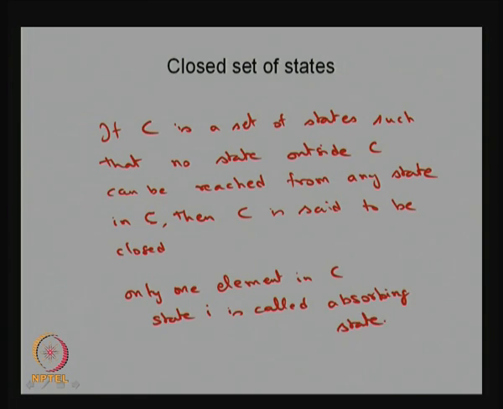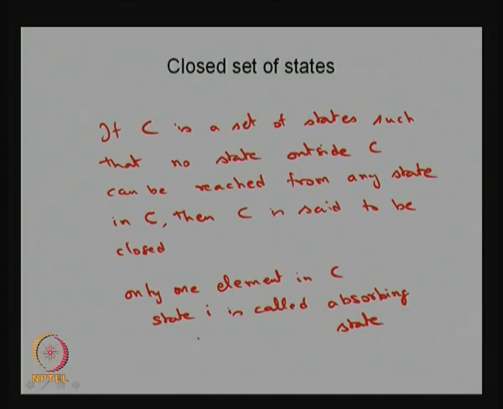A state i is said to be an absorbing state if it forms a closed communicating class which has only one element. More than one element is also possible in a closed communicating class.